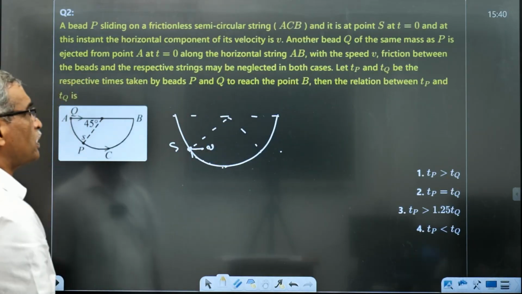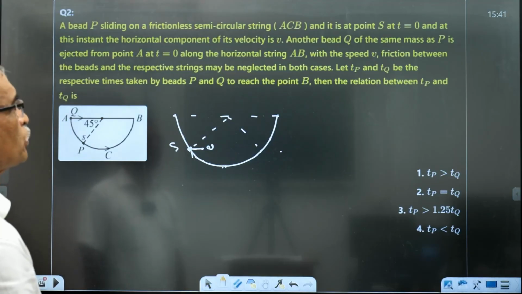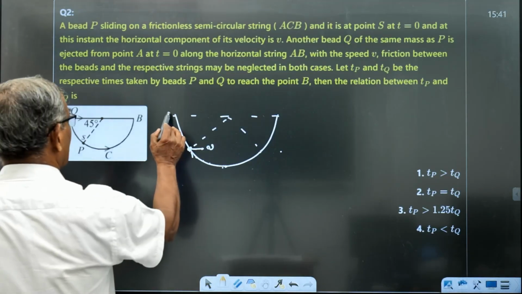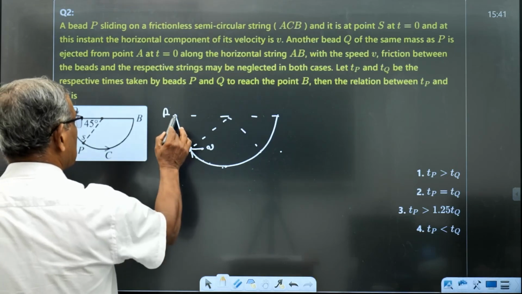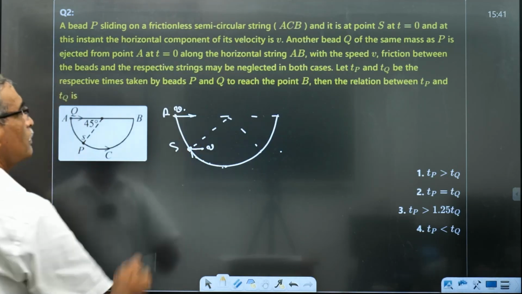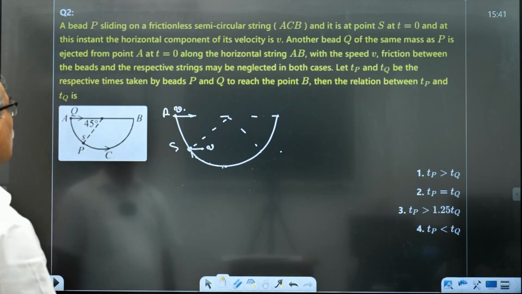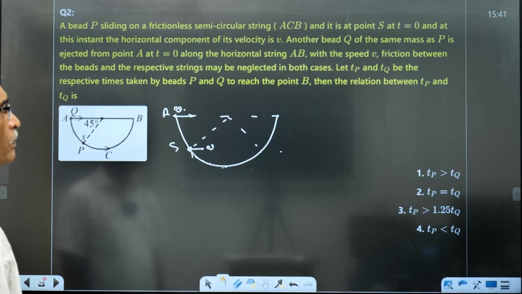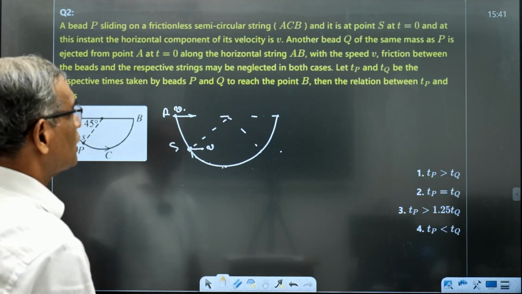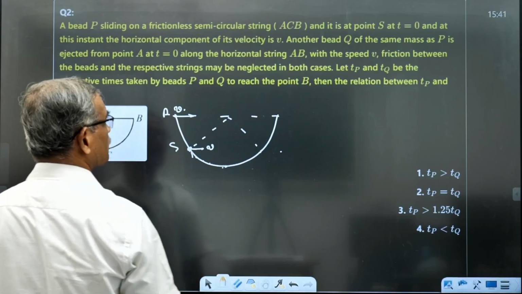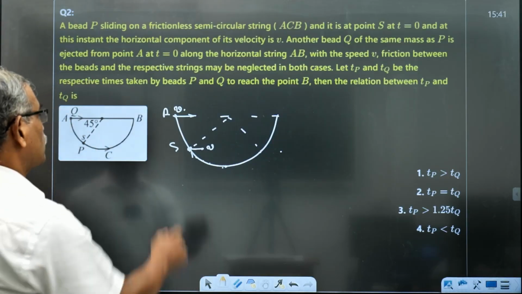Next part, it is what it says. Another bead Q of the same mass as P is ejected from A, from here along this direction, with the same velocity v. Friction between them, etc., is neglected. Let Tp be the time for the first particle and Tq for this particle.